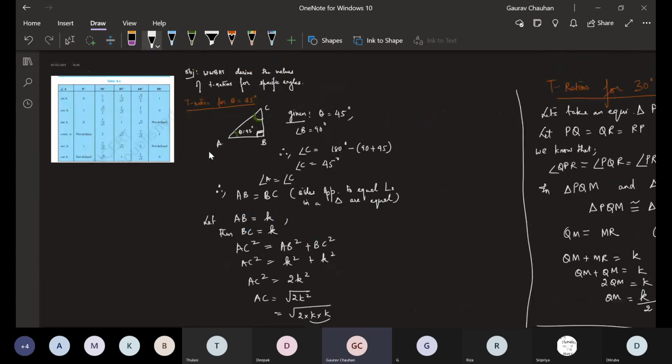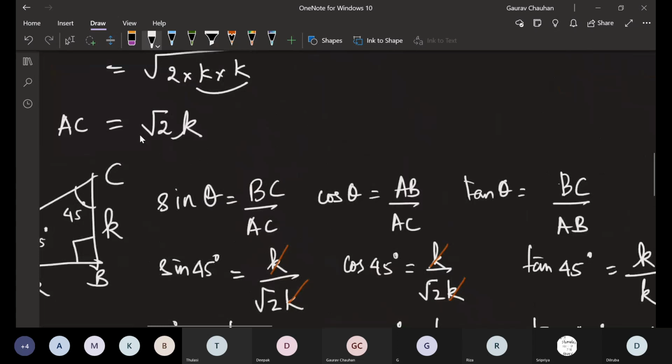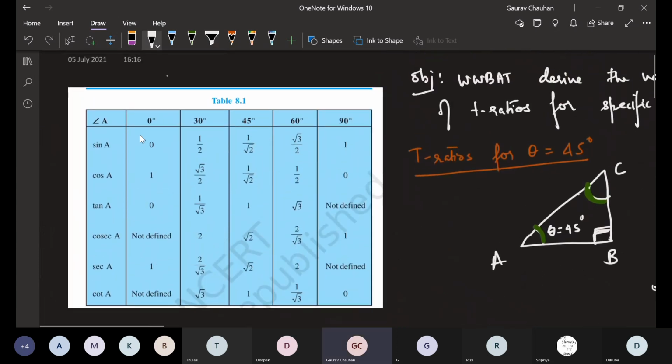You'll see the table I'm talking about. Sine 60 degrees is root 3 by 2. Here we have it, right?